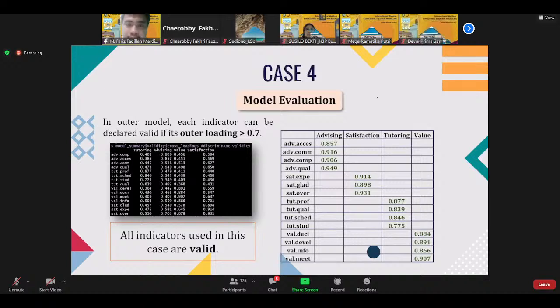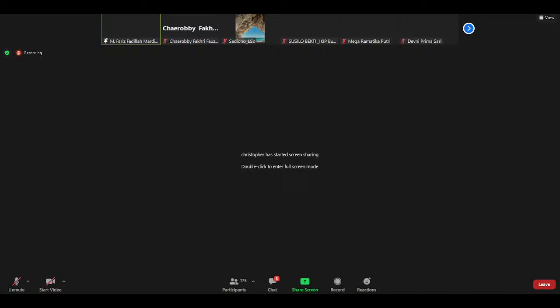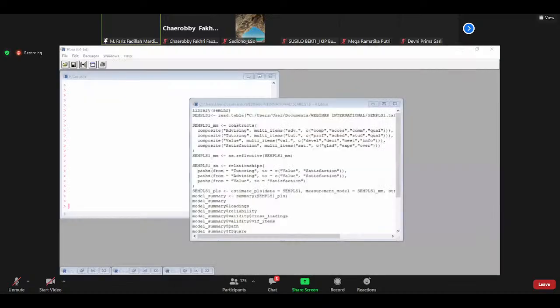Before I explain about model evaluation, maybe for the last example, Christopher, my student, can demonstrate in R. Okay, Christopher, time is yours. Okay, Mr. Fariz. Now for the last example, this is about structural equation modeling partial least squares. To run this script, we need one additional package, SEMinR, in R. And this is the script.